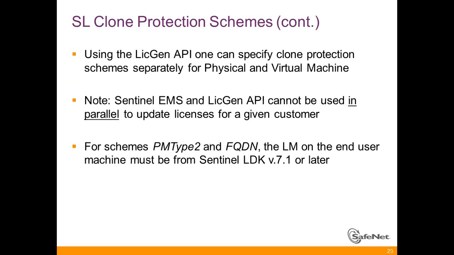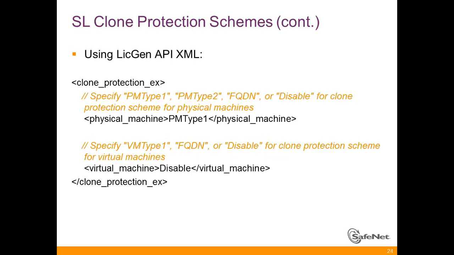Currently, defining which schemes you would like to have can be done using the LeakGen API, and let me show you how you can do it. For instance, here is the LeakGen API, and you use XML types, and you specify the physical machine schemes, and you specify the virtual machine schemes, and you can define which scheme for each one of them.